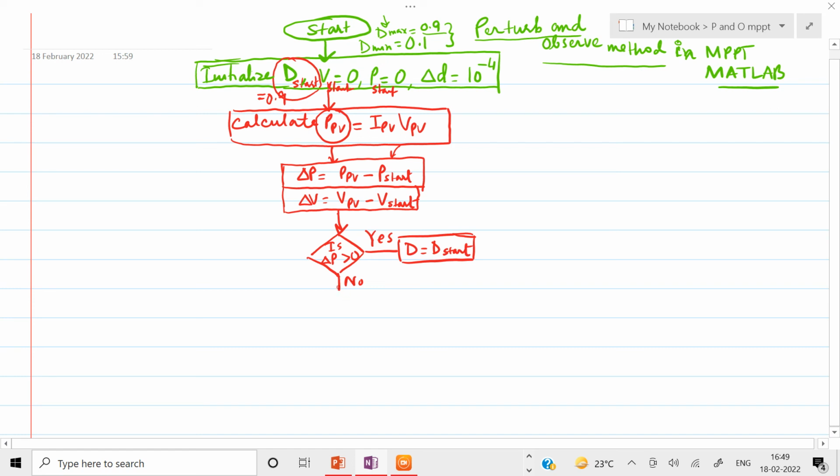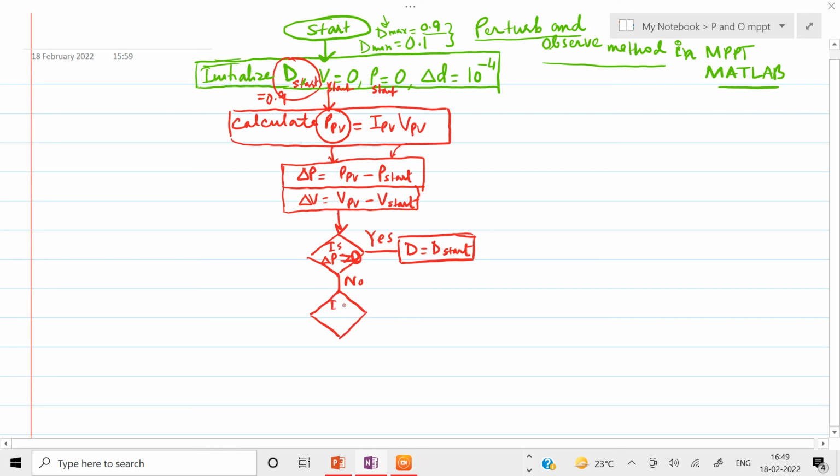But if it is no, then what we have to do? Okay, sorry, just a minute. First is to check whether delta P is equal to 0 or not. So if it is 0, then we are at the maximum power point. So that means D equals D start. If it is not equal to 0, then there are two cases.